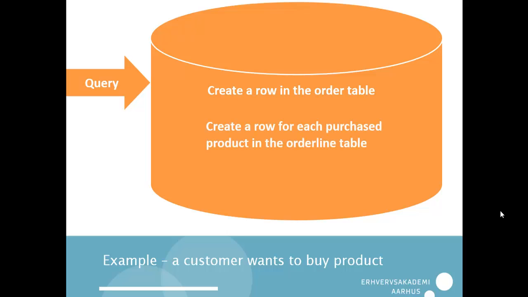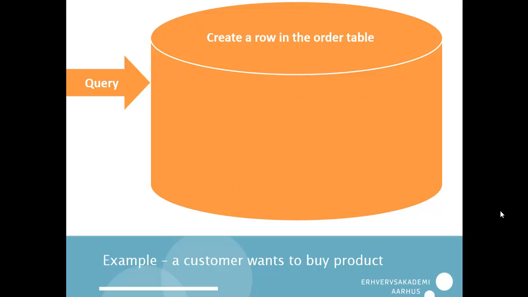Then we want to create a row in the order line table for each of the purchased products, and then we want to decrease the stock of the product, so we know how much we have in our warehouse.